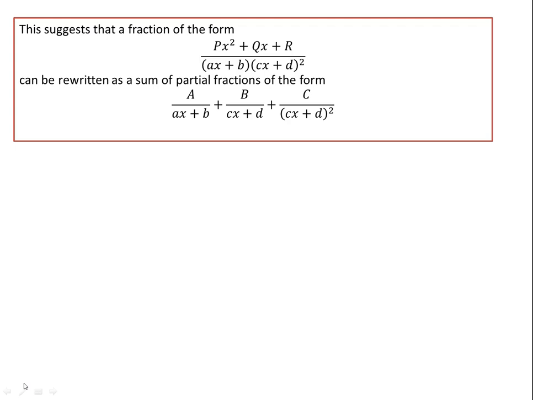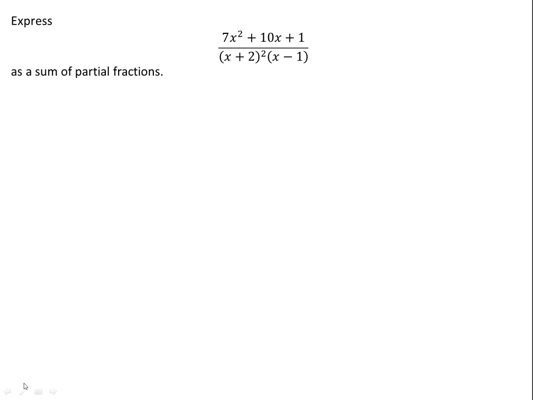So let's have a look at this in terms of an example. Let's suppose we've got the fraction 7x squared plus 10x plus 1 over x plus 2 squared times x minus 1, and we wish to write that as a sum of partial fractions.